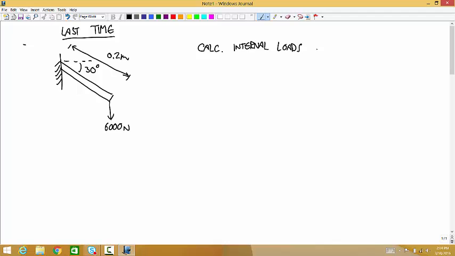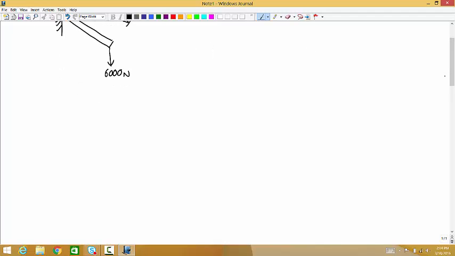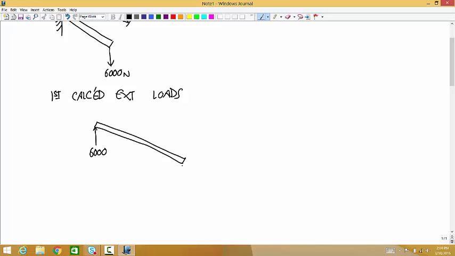And we first calculated the external loads. So we got something like this. 6,000, and then there was a couple at the wall of 1039.23.